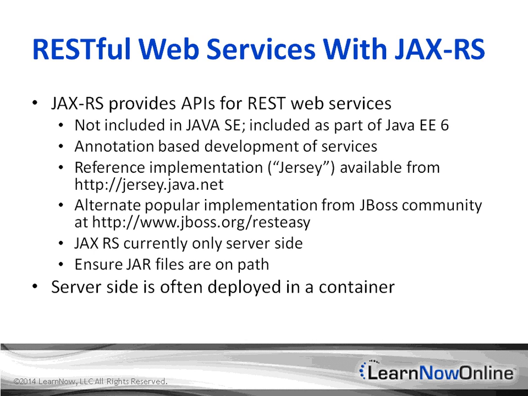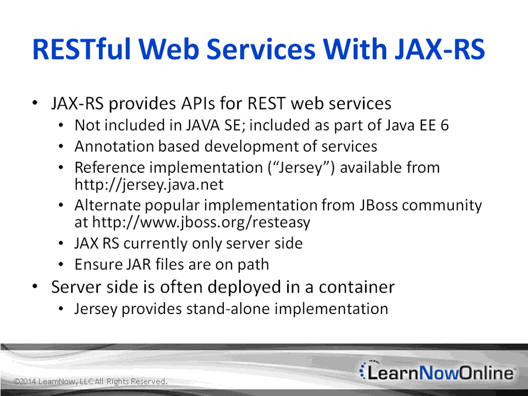Oftentimes, and I would say the majority of the time, a JAX-RS application is deployed in a container. In other words, it's actually deployed to an application server like JBoss, Tomcat, or Glassfish. There is the option, though, that I can run these JAX-RS services with a tool like Grizzly, which is a non-container oriented runtime, so that I could literally test and run REST web services using something like that instead of deploying to Tomcat to see their functionality.